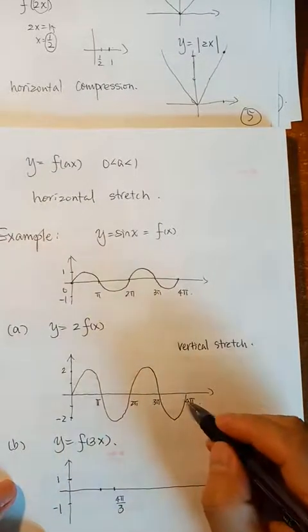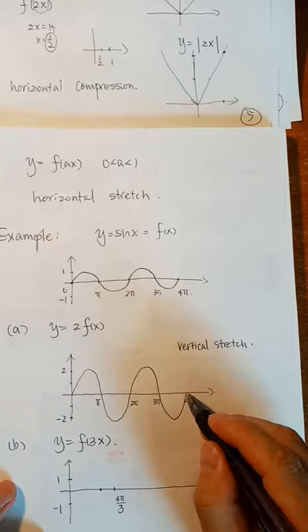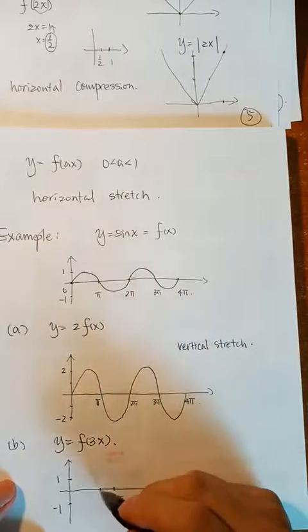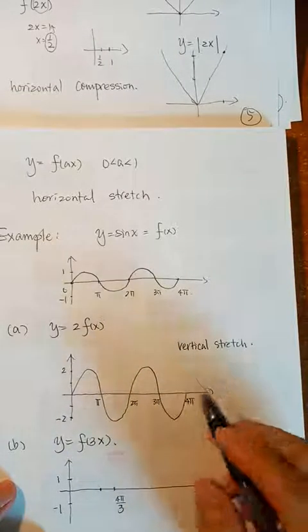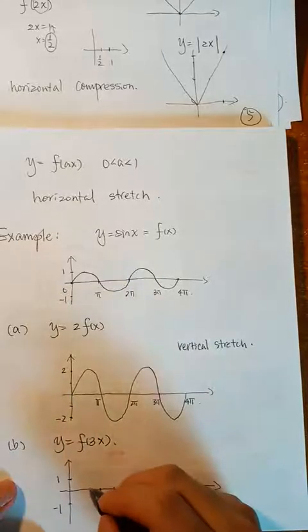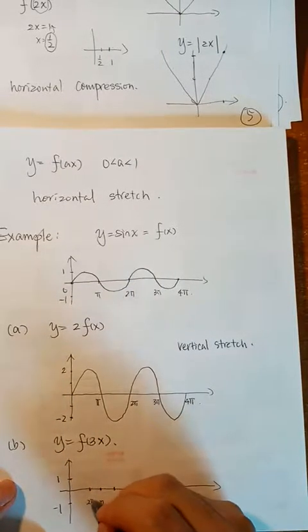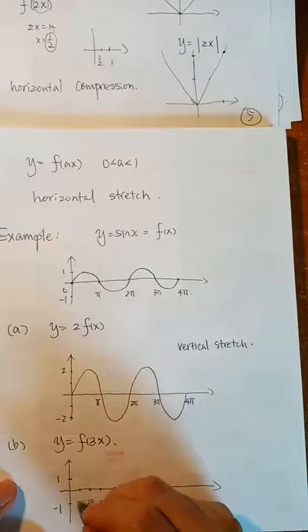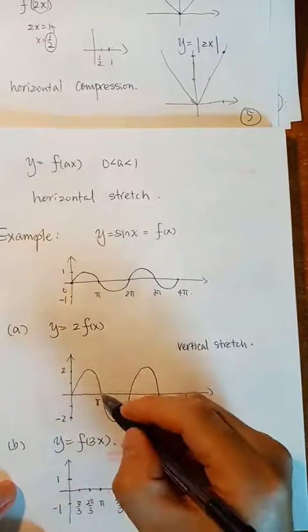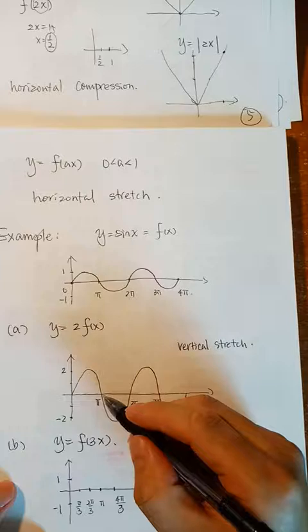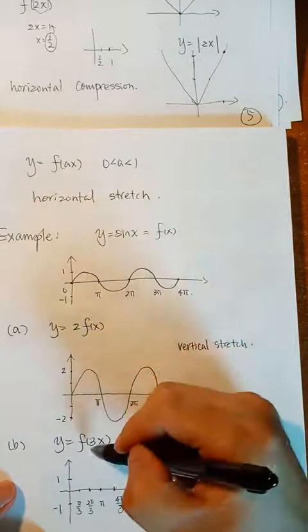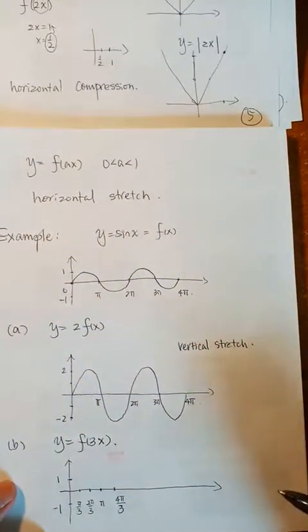When x is 4 pi over 3, it's like this. When x is pi, it's like 3 pi. When x is 2 pi over 3, and pi over 3. So you just divide everything by 3, because if you multiply it by 3, you will go back to those points.